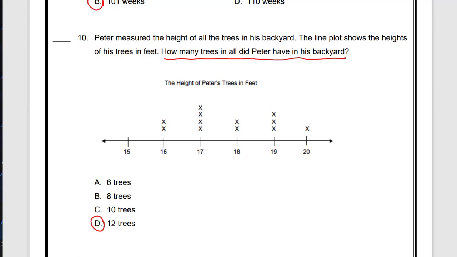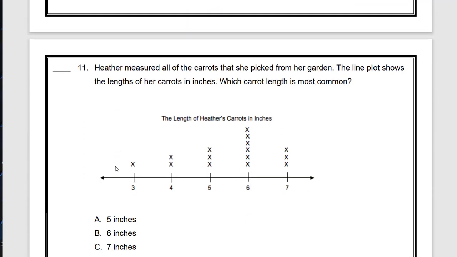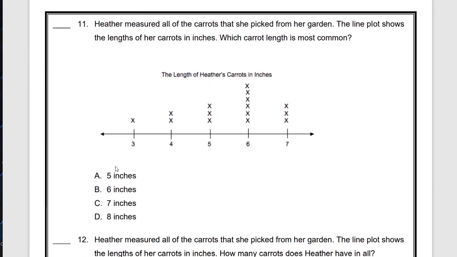Because, count them all, they are all 12. Yes, so we count all points or all x's. So we need to count all of them. Thank you, my hero. Okay, my heroes, let's move to the next one.